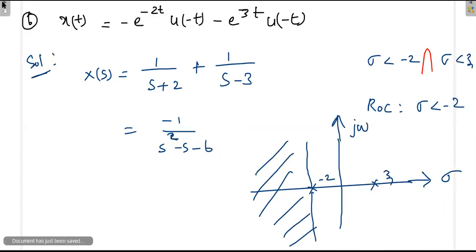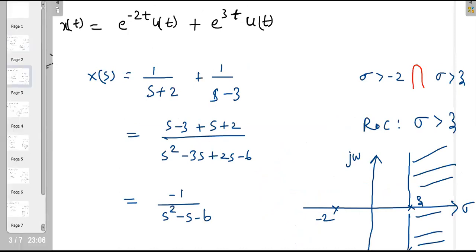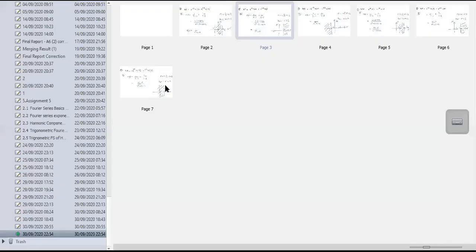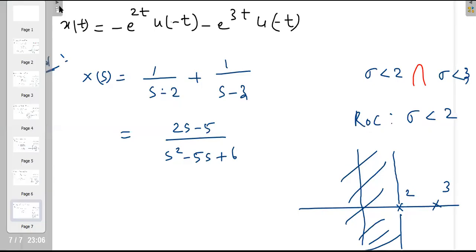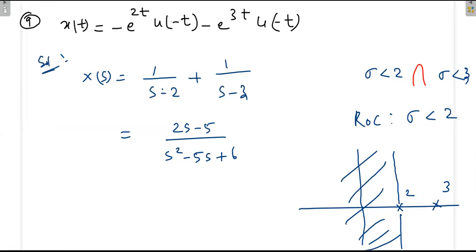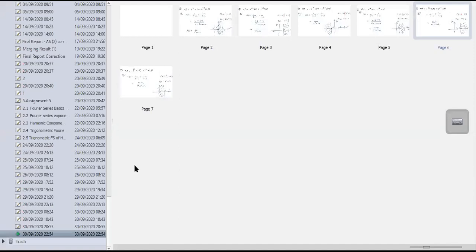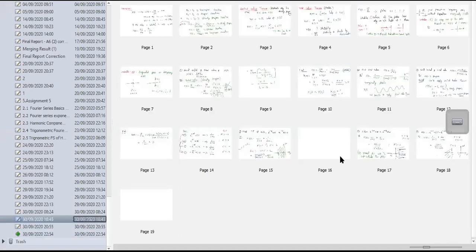So again, previously also, in the last class we have seen the 1, 2, 3 problems.